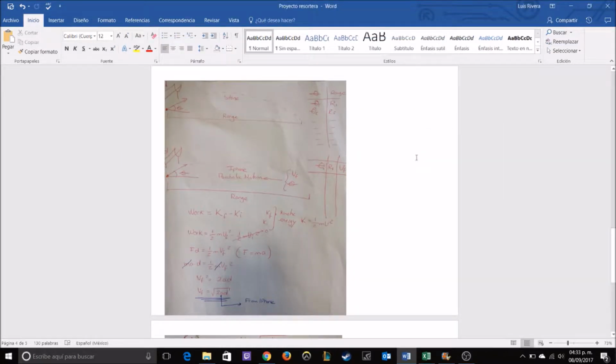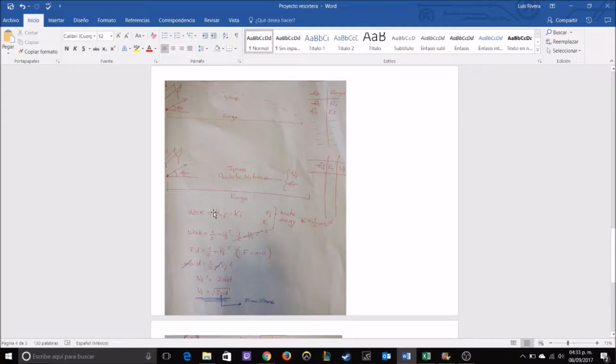Well, this is going to be our theory and data. Alright, for the slingshot, we know that to calculate the acceleration and the initial velocity of the phone, we first need to know where the formula of final velocity equals the square root of 2 times the acceleration times the distance comes from.